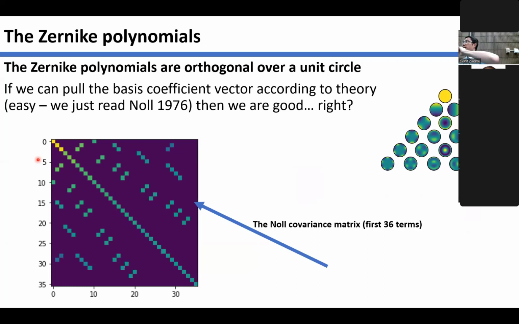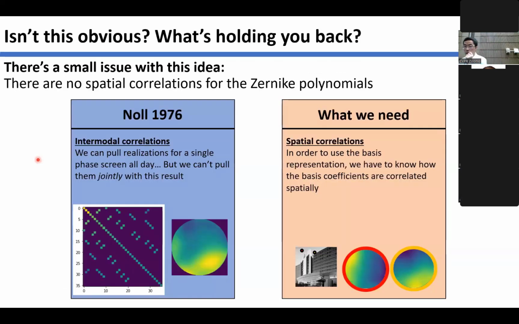Let's say you are looking at 36 Zernike coefficients, Zernike coefficient 1, 2, and 3. You have a set of basis functions, they each have a coefficient, and they will have some kind of correlation. We call them the intermodal correlation. That was well defined back in 1976. So that is the correlation between 2 Zernike coefficients. That we know. However, what we don't know is the correlation between 2 points in the space.